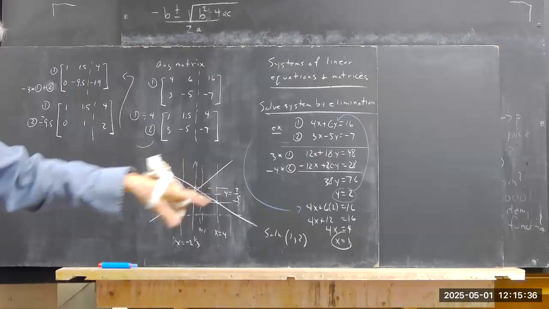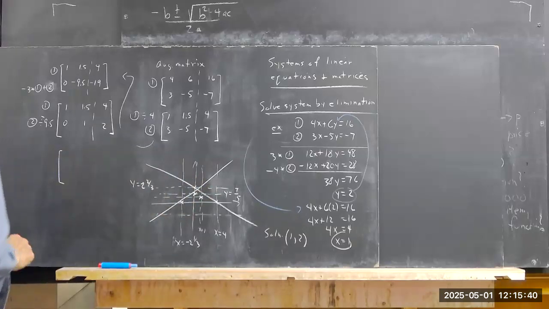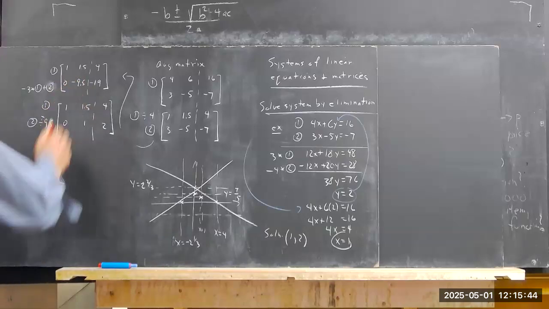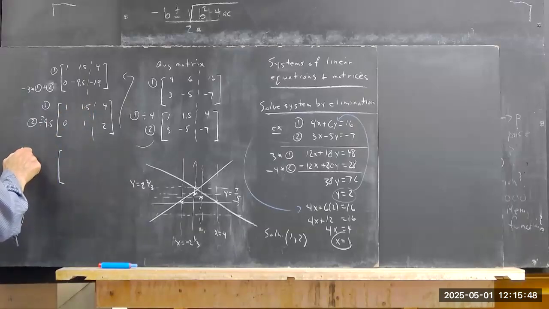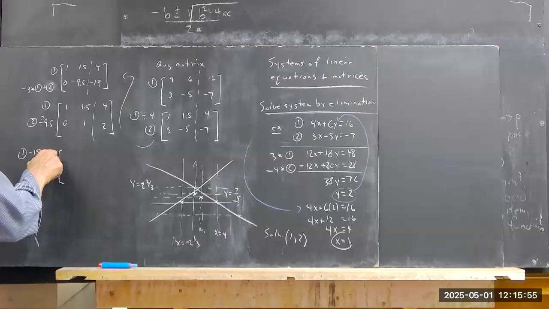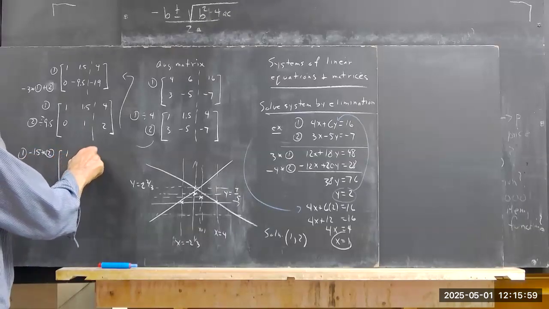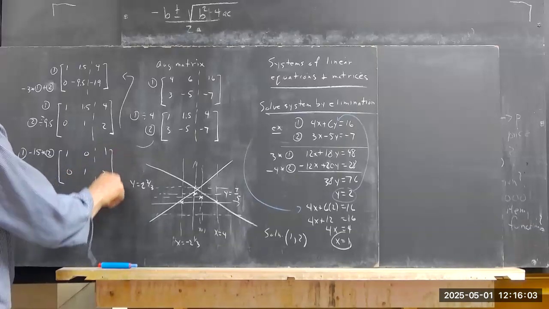So y equals 2, in agreement with what we know. Then, if I want to get a 0 here, take row 1 minus 1.5 times row 2, and that gives me 1, 0, 1, and 0, 1, 2.